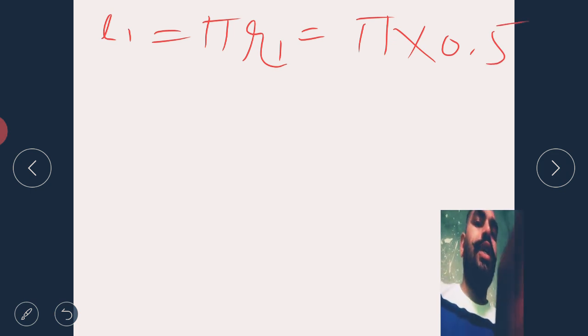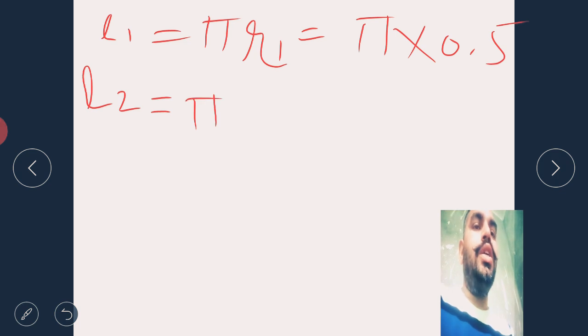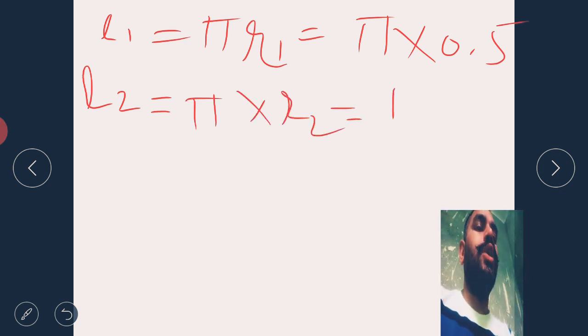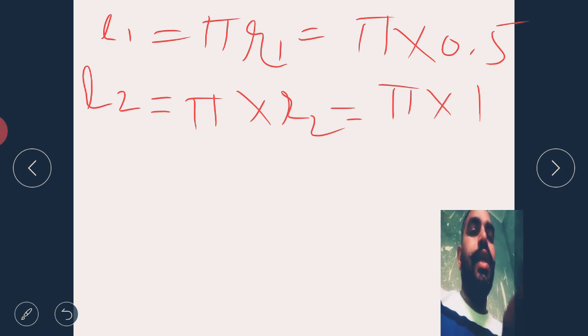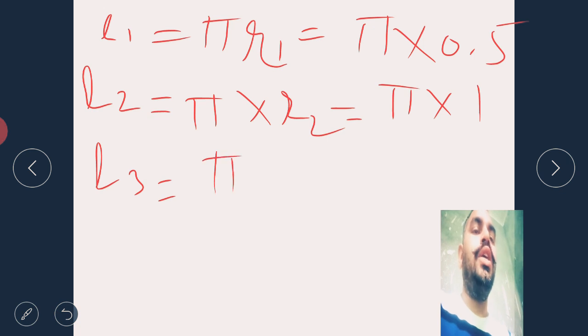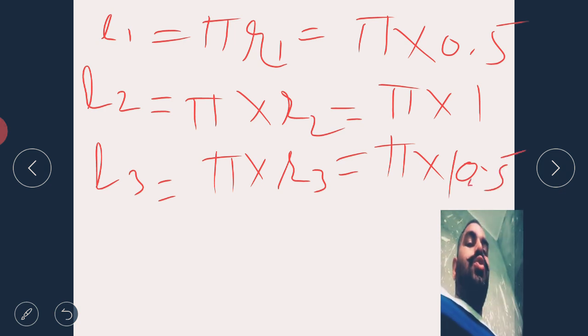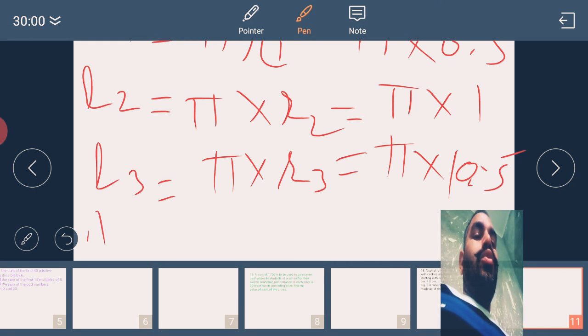Got it or not? L2 is equal to what? Pi into r2. R2 is what? Pi into 1, and so on. L3 is equal to pi into r3, that equals pi into 1.5. So on we can go.